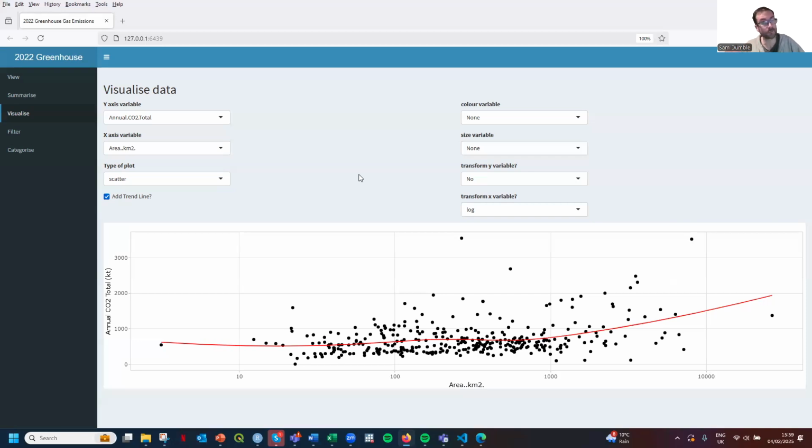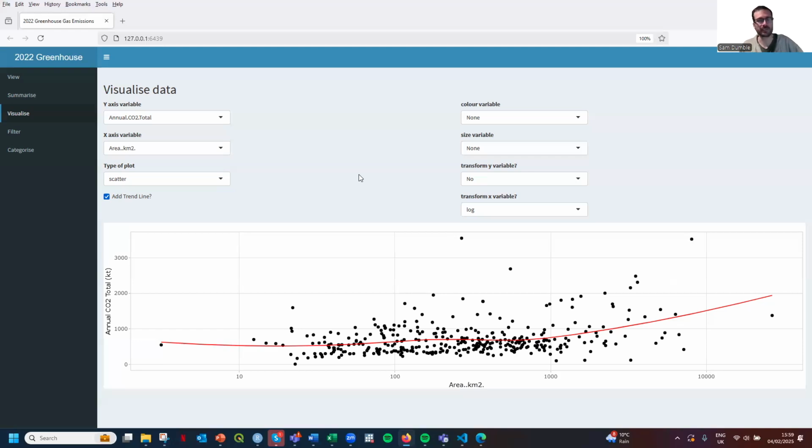We may decide that it's close to a straight line, and that will work for later. But at this point of exploring, we want to know, okay, is it something with curvature? Is it something which has segmented trends where it starts flat and then increases? Is it something which is kind of an S-shaped curve?